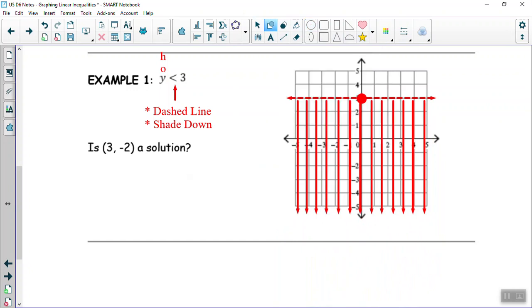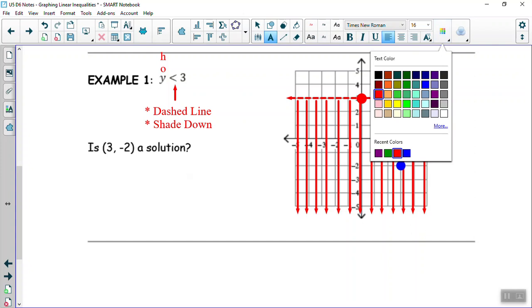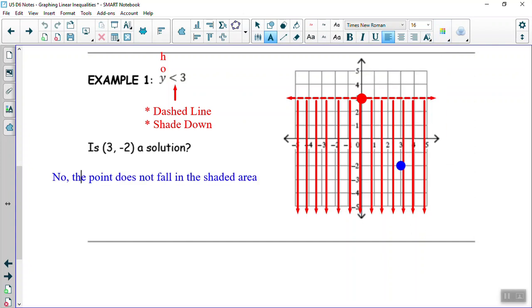So if I were to graph 3, negative 2, that's going to be right here. We want to determine, is that a solution to this inequality? Because it falls inside the shaded area, we say yes, it is a solution.